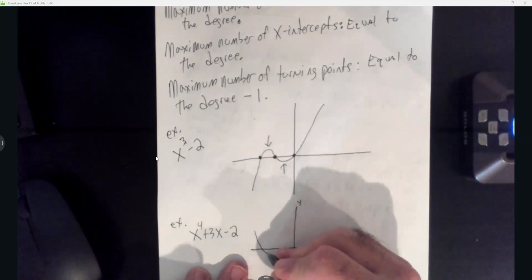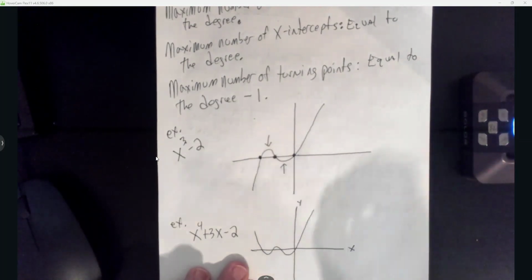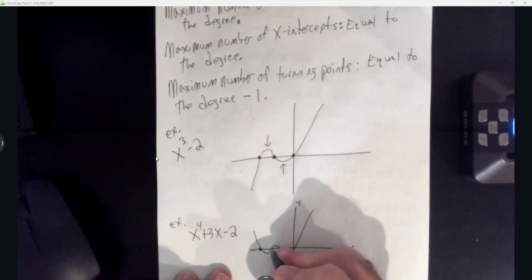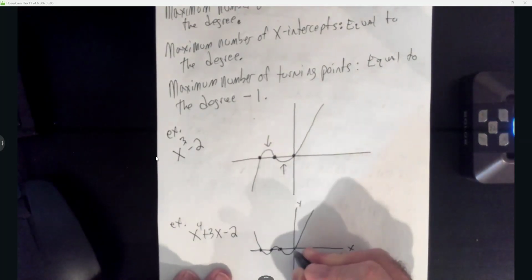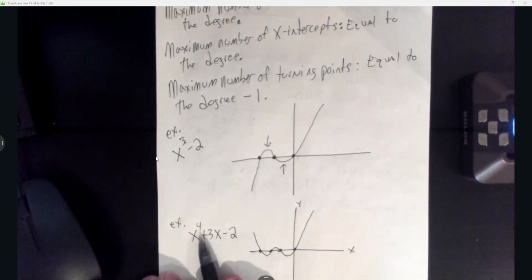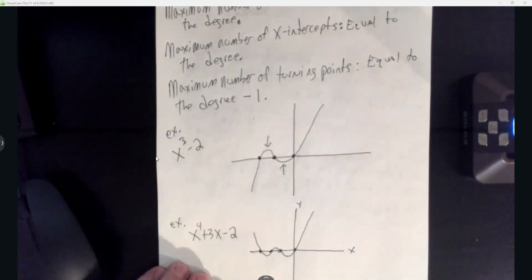So it might come down, shoot up, come back down, look like a W almost. So at 1, 2, 3, 4 times it can cross the x-axis. That's the maximum number of times. And then look at the turns. It turned 1, 2, 3 times. So an exponent 4 would turn 3 times at the most, okay?